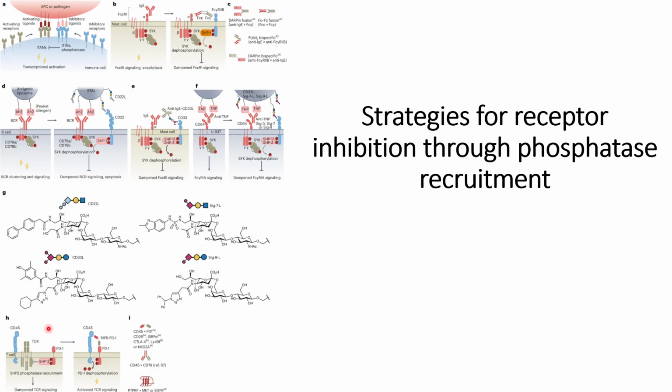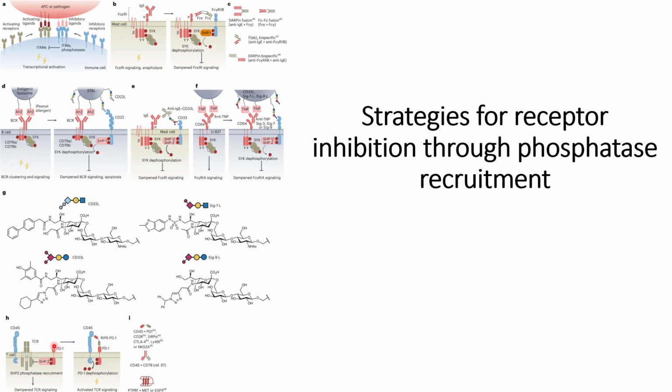In panel H, here is another example of downstream signaling of T cell receptors, where the dampening of signals is shown using PD1.